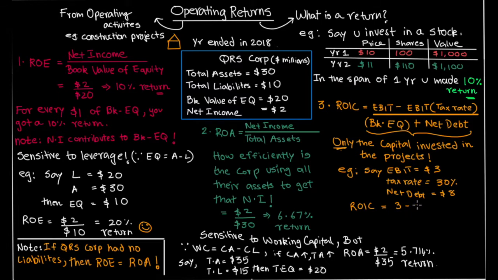We have 3 minus 3 times 0.30, that part is the tax payable, so we reduce the taxes and we eventually divide it by 20 plus 8, which is 28, and we end up with a number which is equal to 7.5% return. Okay, that is very cool.